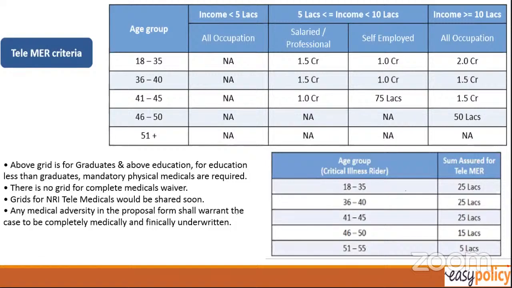And if the income is greater than or equal to 10 lakhs, even if the customer's age is between 46 to 50, he can still get 50 lakhs of sum assured with telemedical. So accordingly, we can advise our customer whether he is eligible for telemedical or not.